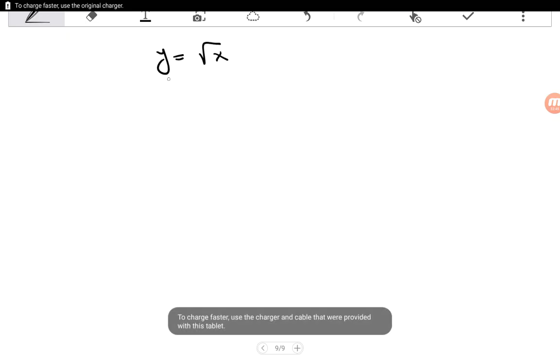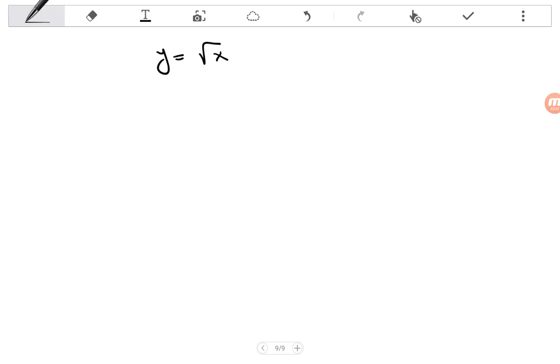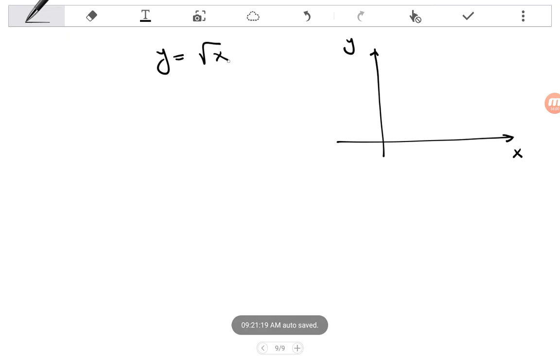When I have some relation between variables, we represent it graphically in this way. We have two axes, x and y. When the input x is 0, the output y will also be 0.